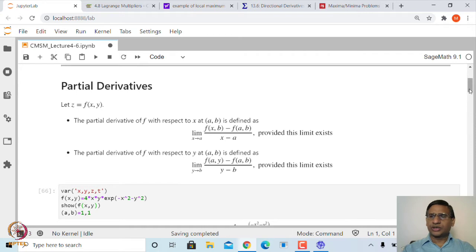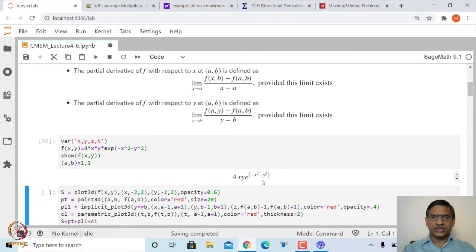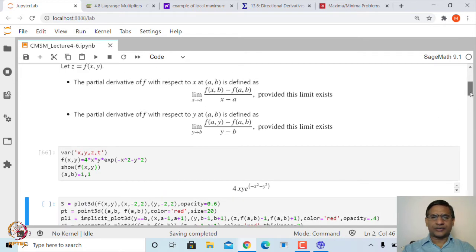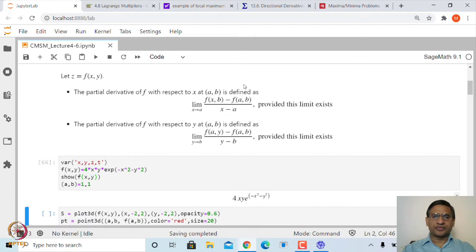Let us work with this function. Suppose we plot the graph of this function and look at the first definition. What does it say here? You are substituting y equal to b. The plane y equal to b is parallel to the xz plane. Take the intersection of that surface with the y equal to b plane.